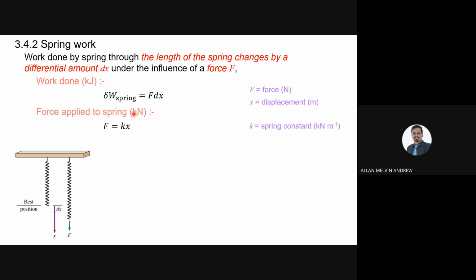Then the force applied on the spring is F equals kx. What is k? k is the spring constant. If you look at your scientific calculator, you can find the alphabet k as a constant. You can take that value and multiply it with the distance covered.